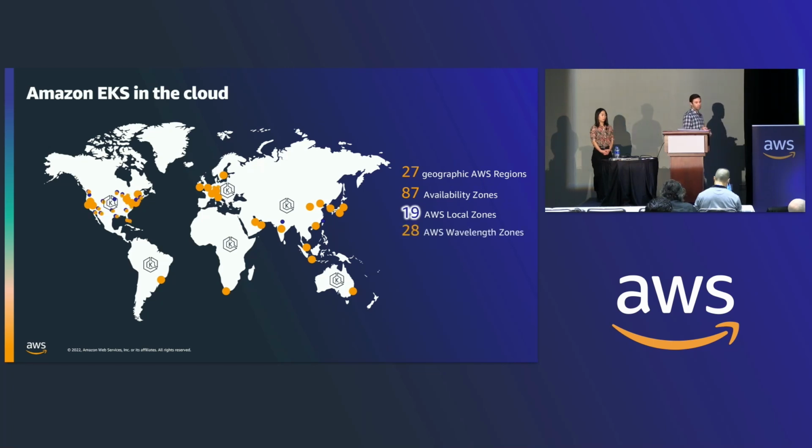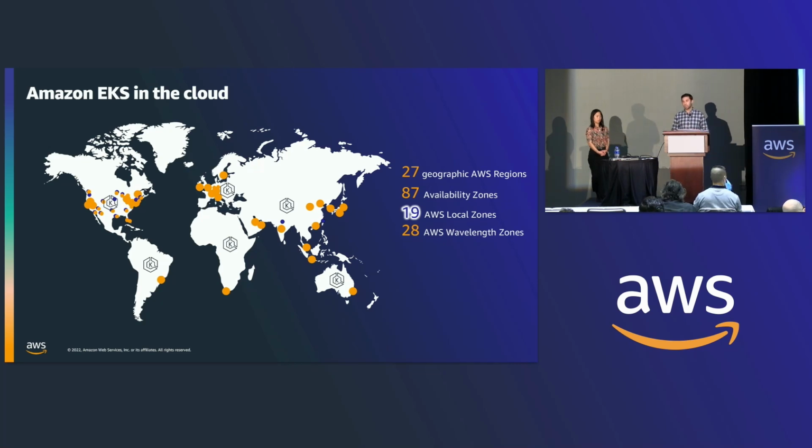And now I want to talk a little bit about wavelength zones here. Wavelength zones are for customers who need ultra low latency from 5G devices back to AWS services that are hosted in the cloud. This is really a strong fit for customers that might have IoT applications, live media production, industrial IoT.